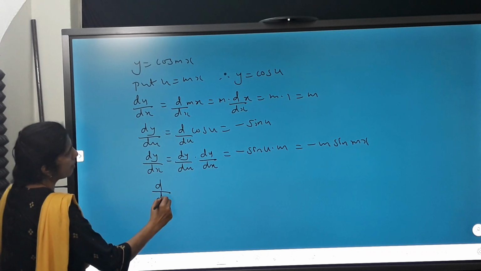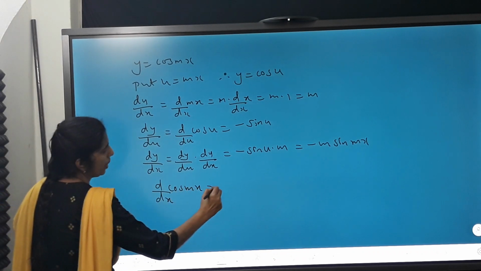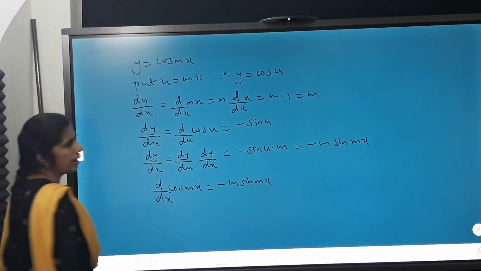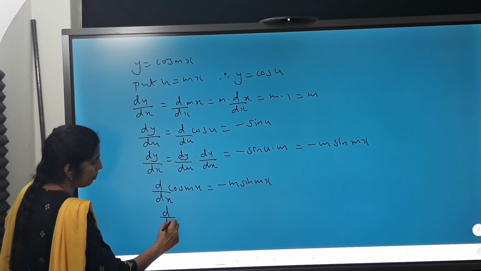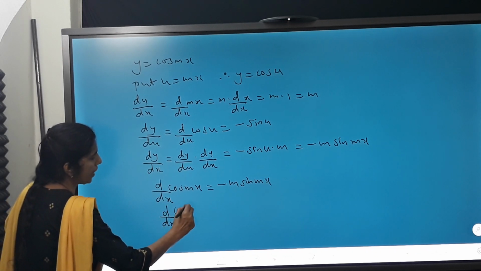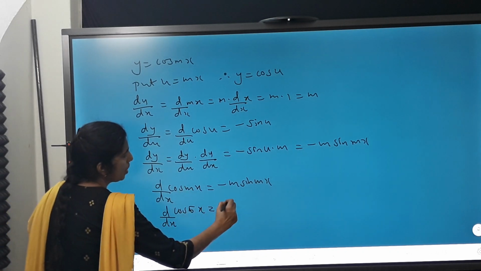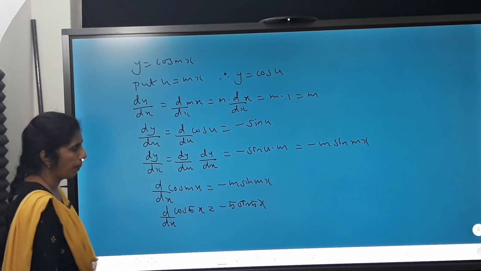That is, our result is d by dx of cos mx equal to minus m sine mx. This again we can use as a standard result, and we can write d by dx of say cos 5x. Here m is 5, so it becomes minus 5 sine 5x.